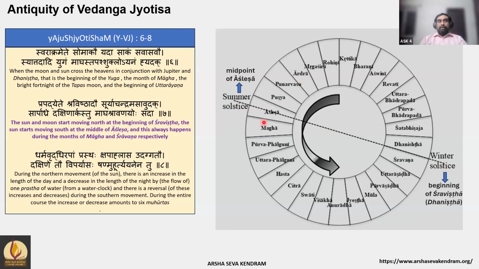So the precession of the earth is a phenomenon by which the earth not only rotates on its axis, not only rotates around the sun, but it is also spinning like a top. If you have ever seen a top that is spinning and coming to a stop, it exhibits a wobbly motion.